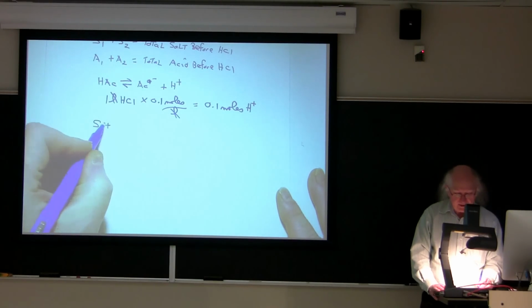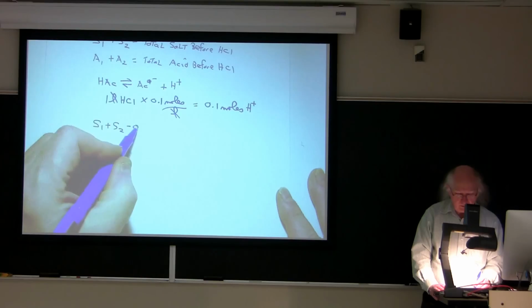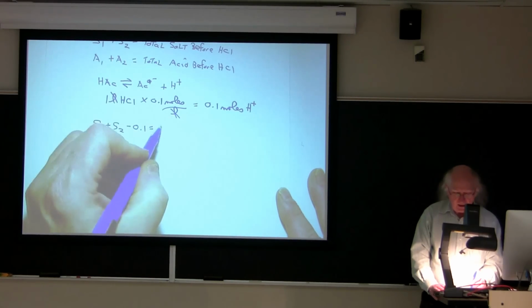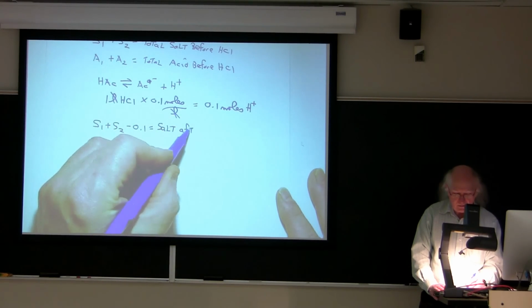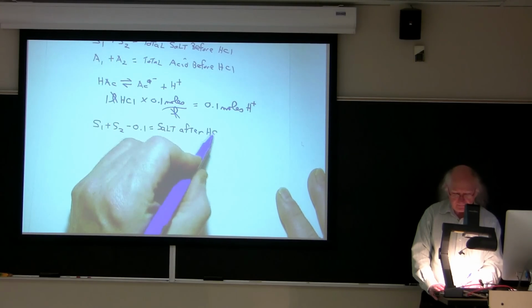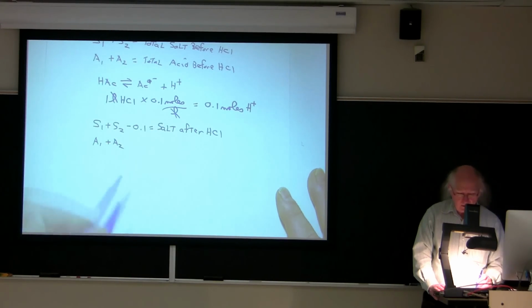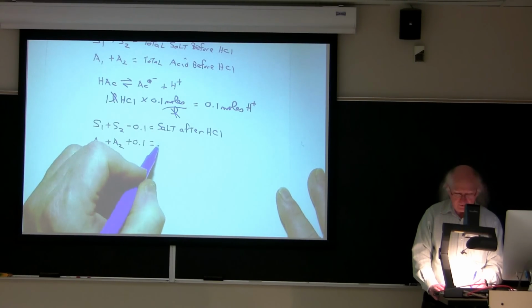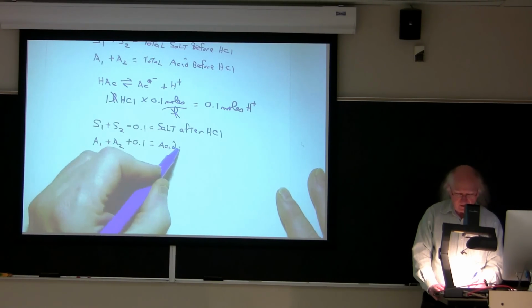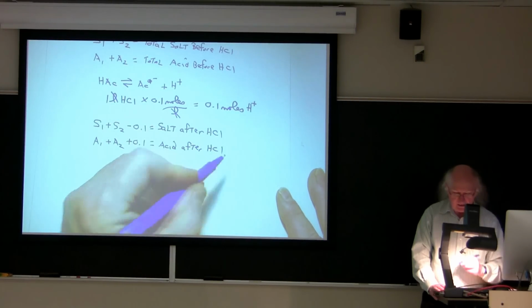So if I say S1 plus S2 minus 0.1, that will be salt after HCl. And I can say that acid 1 plus acid 2 plus 0.1 will be equal to the number of moles of acid after HCl.